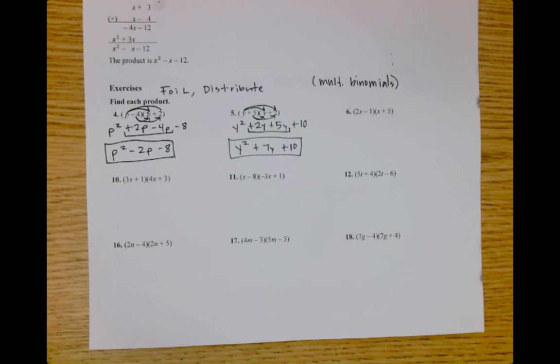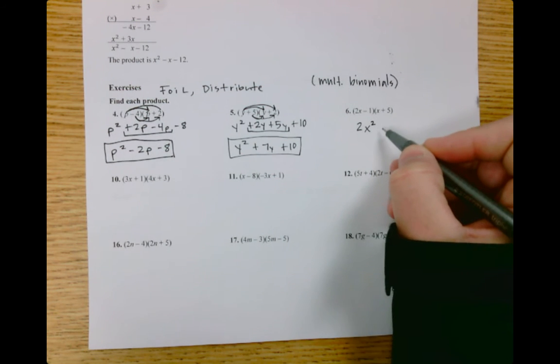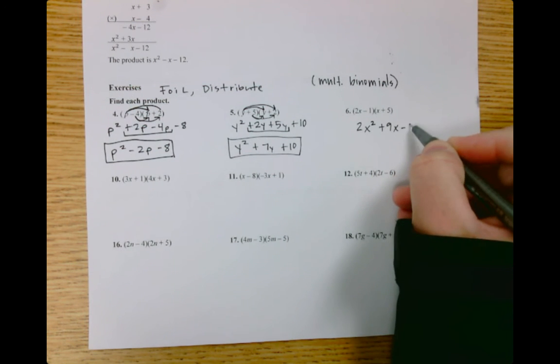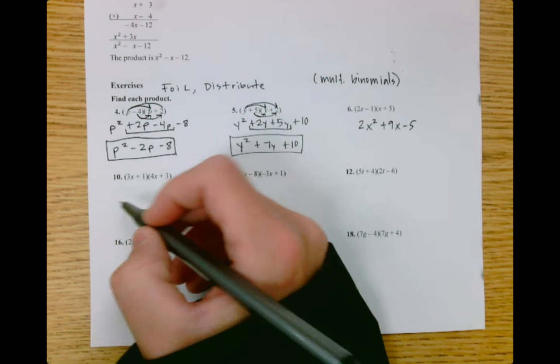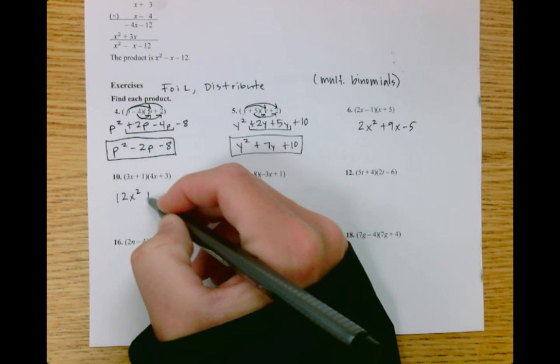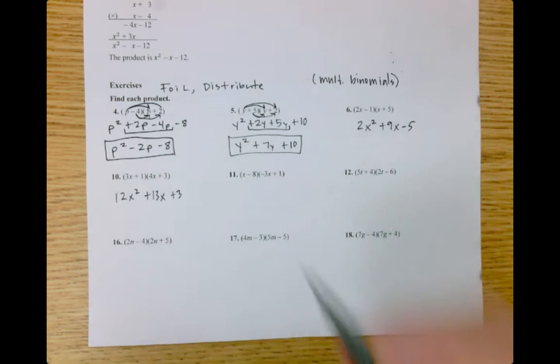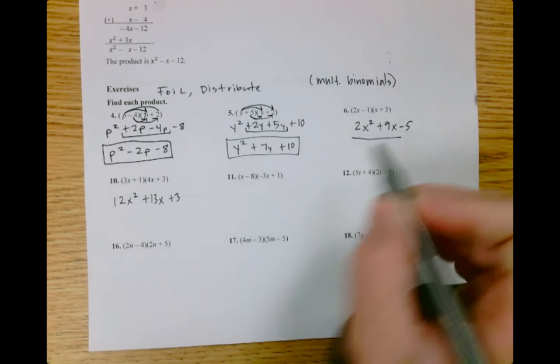So like number 6, your final answer would be 2x squared plus 9x minus 5. Number 10, final answer would be 12x squared plus 13x plus 3. I'm going to do 11.